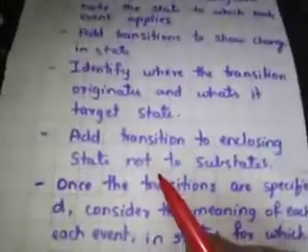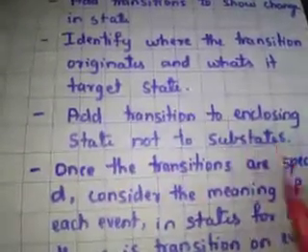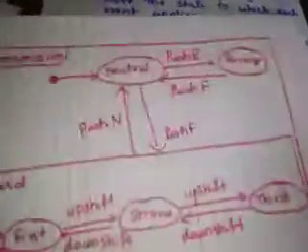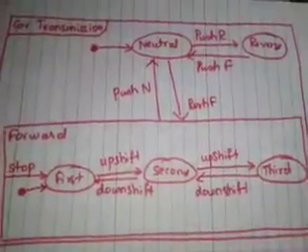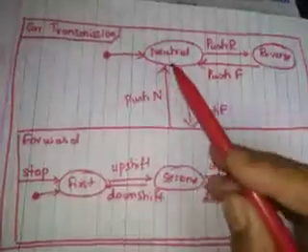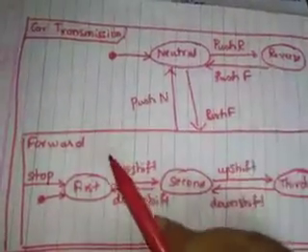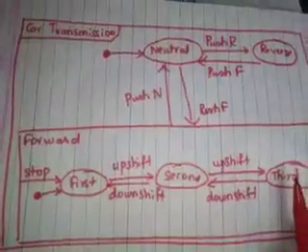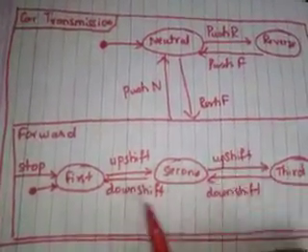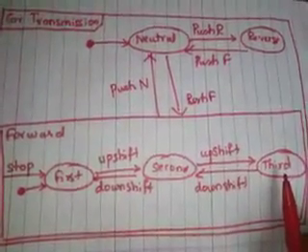Next is to add the transition to the enclosing state, not to the substates. If you look at this particular car transmission state diagram, here the neutral state is independent, the reverse state is there, whereas the forward state again consists of substates within it. When the car is moving forward, it can be moving in first gear, second gear or third gear, right?